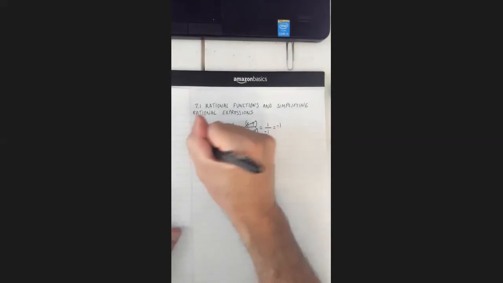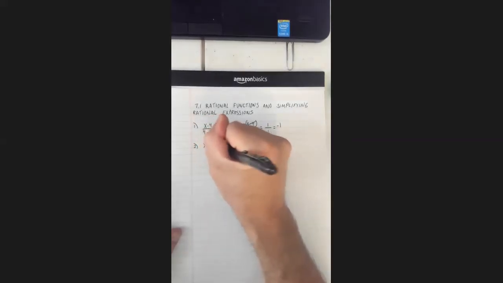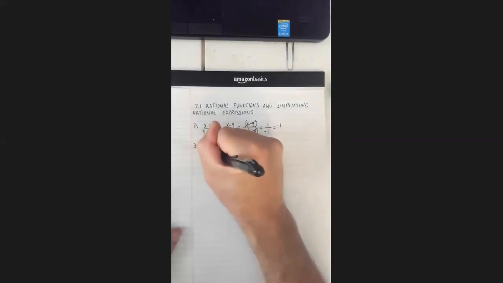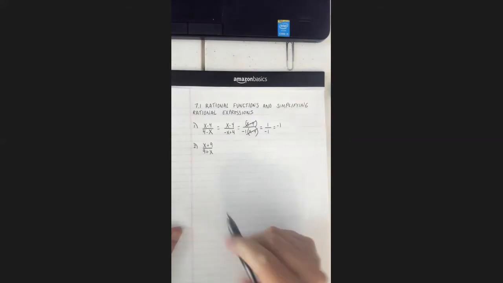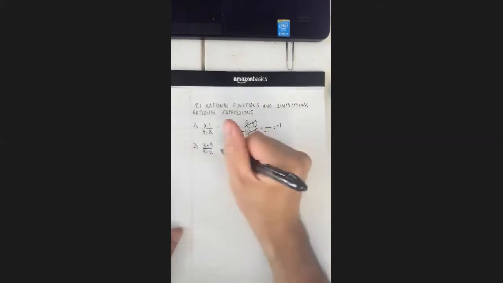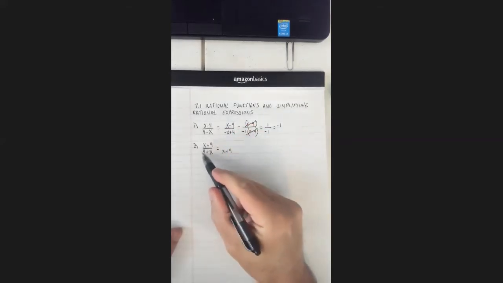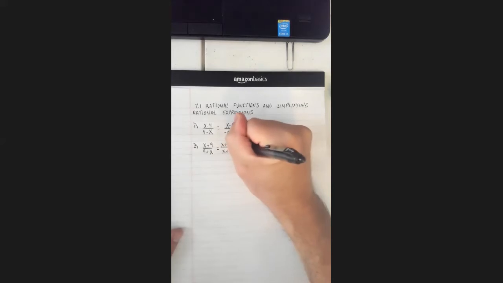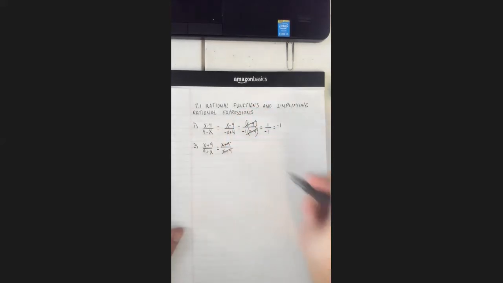Don't get that confused with if you see this. Okay, now these are, remember here they're different. Now these are exactly the same. The order is just different. So even if I rewrite, all I would have to do is rewrite this, switch the x and the 9 around. And then this is what I get. And then remember, everything cancels out.